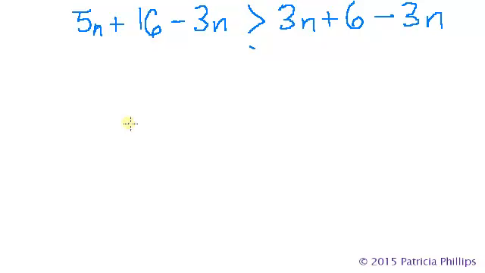I think what we should do first is combine like terms on both sides of these inequalities. So we're going to start with this side. 5n minus 3n is 2n. So we're going to have a 2n plus 16.